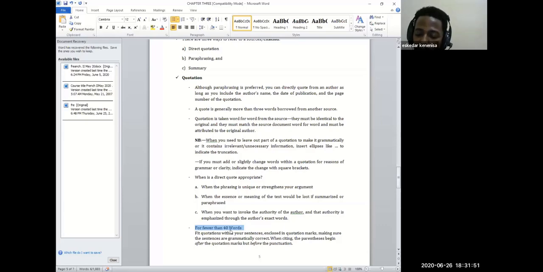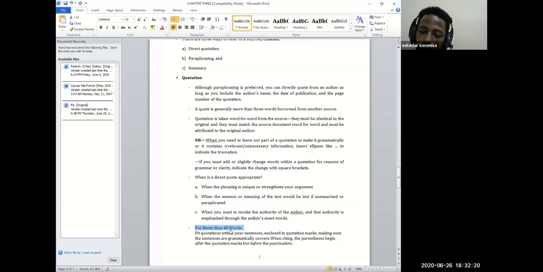For more than 40 words, you have to make a separate paragraph. Usually, normally it is said that you make a separate direct quote for more than 4 lines.